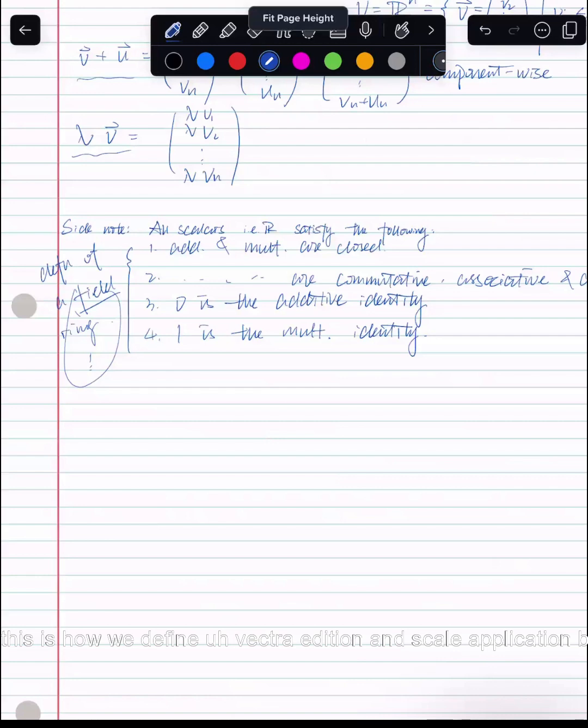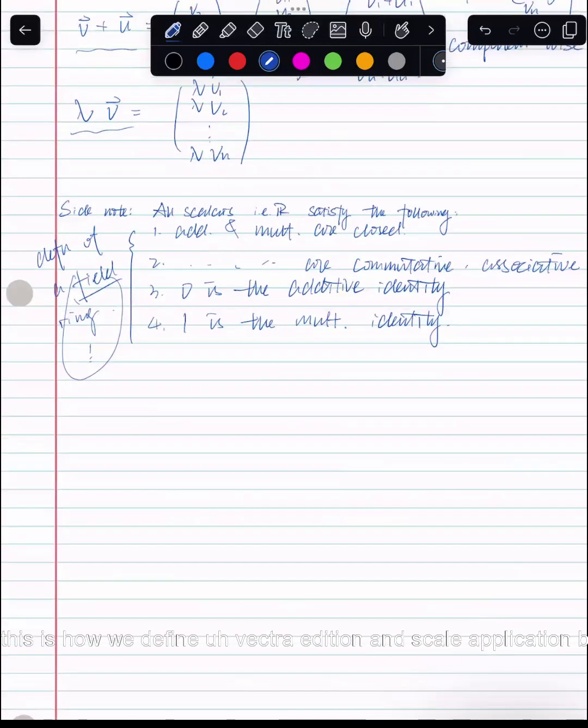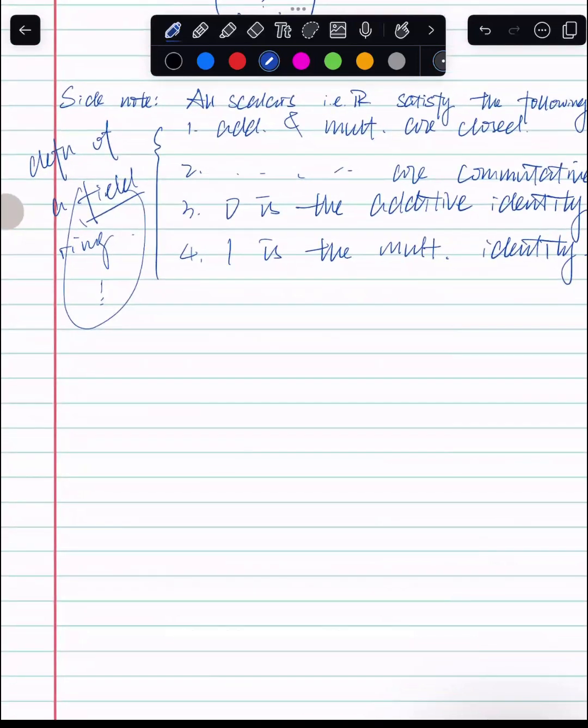So one example: this is how we normally define vector addition and scalar multiplication, but we can define them otherwise.